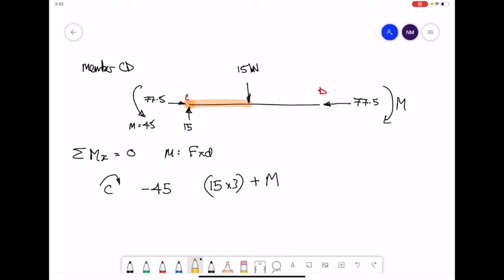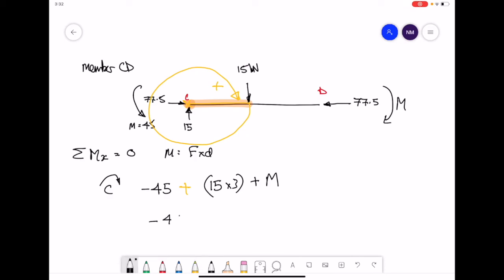Now considering the 15 kilonewtons in the middle of the beam, clockwise or anti-clockwise moment? Put the force on a piece of string, allow it to freely rotate around your point, so you hold it at point C. How would the 15 kilonewtons want to rotate around? It wants to rotate around in a clockwise manner, therefore it will be a clockwise moment.